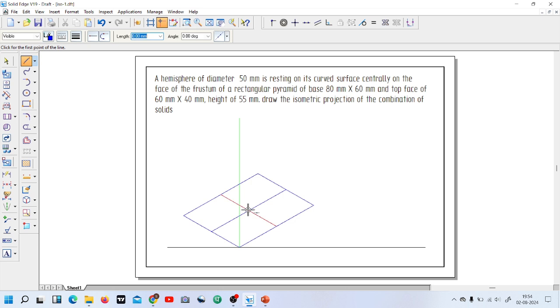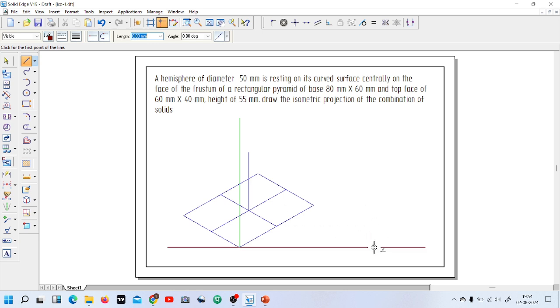From this point you just draw a line of 55 mm. Now to avoid confusion of the drawings one over another, I am going to draw the top surface rectangle separately.